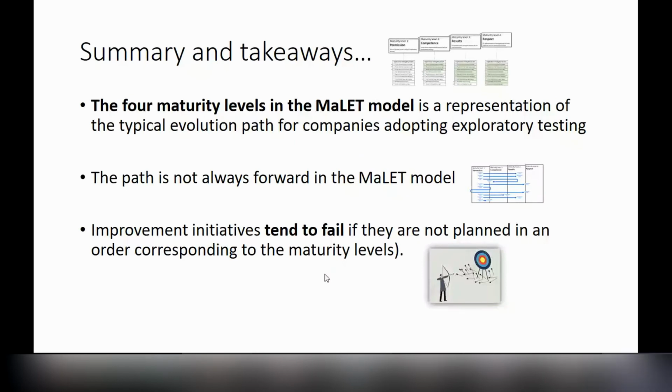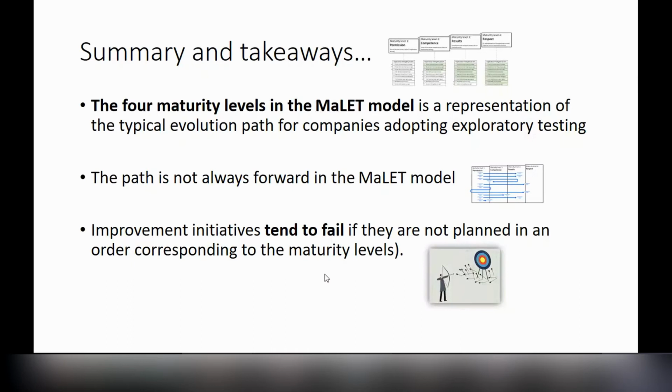So it's time for summary and takeaways. What we found is that the 4 maturity levels in the MALLET model are a good representation of the typical evolution path that companies seem to take when they adopt exploratory testing.